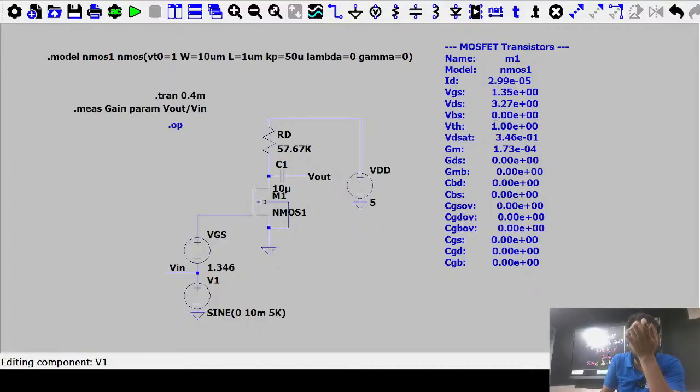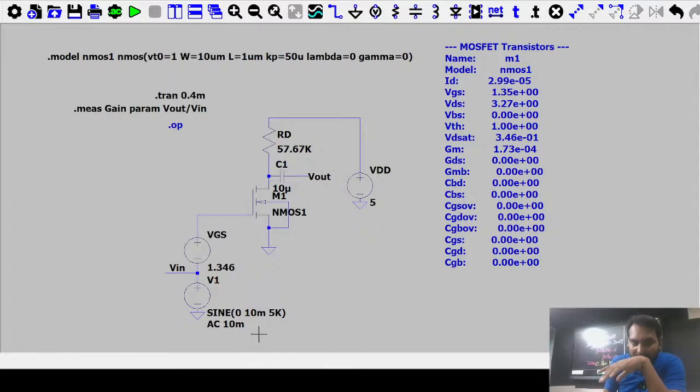It is okay, it's up to you, because the gain will be dependent on the AC magnitude. You have two parameters, amplitude and magnitude. Whenever you give the amplitude and you are working on a transient analysis, and you give the AC magnitude, that will provide the V out by V in. So I am assuming that the AC amplitude is 10 millivolt and press OK.